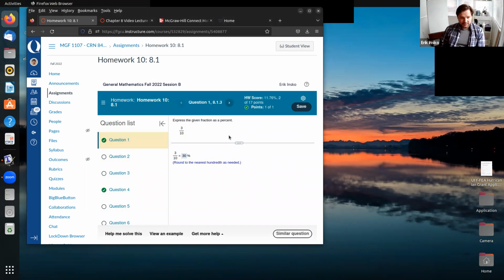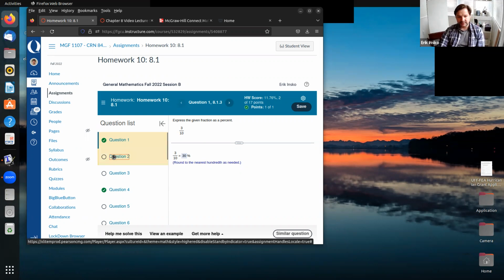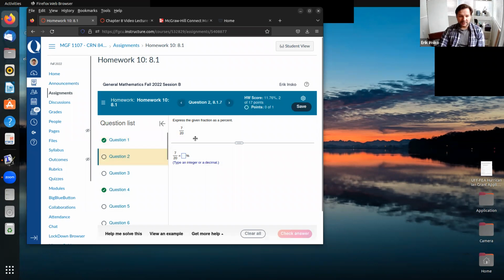So the first question is just to express the given fraction as a percent. So 3/10 is the same as if you were to multiply 10 over 10, it would be 30 over 100. So that's 30%. And question 2 says express this as a percentage, 7 over 20. So let's multiply top and bottom by 5. So 7 times 5 is 35 over 20 times 5.